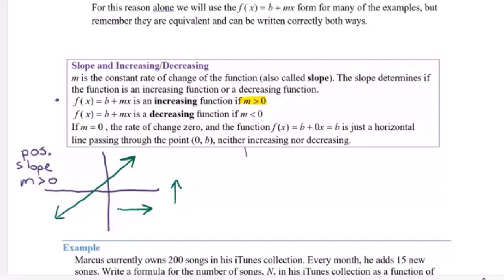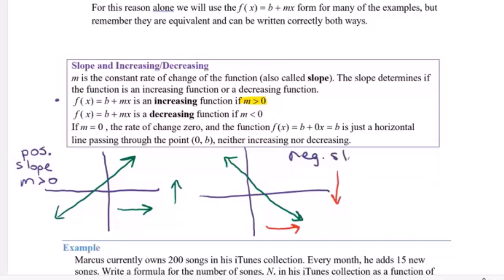Now, let's do negative slope. Well, a negative slope, if I read from left to right, it is decreasing. So notice as my x increases, my y is decreasing. This has a negative slope, and m is less than 0, which is what this says.